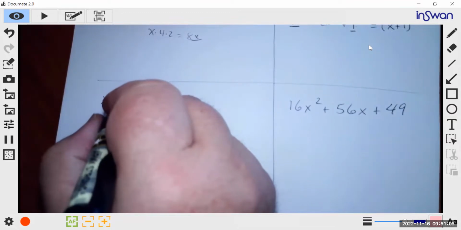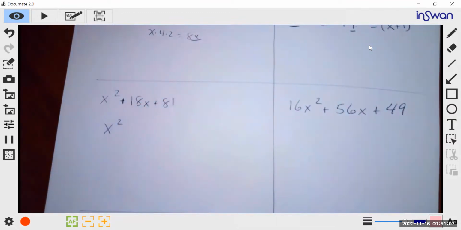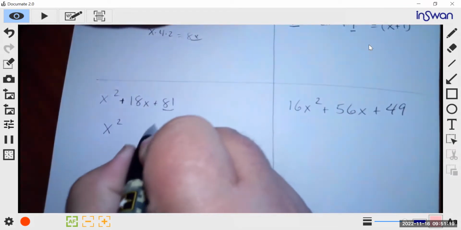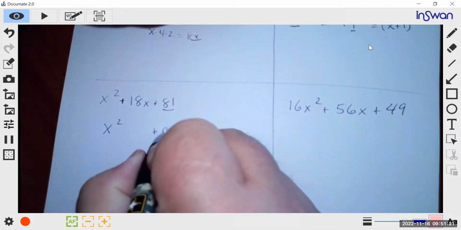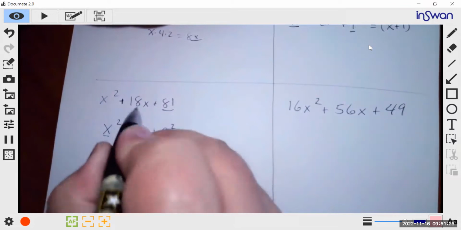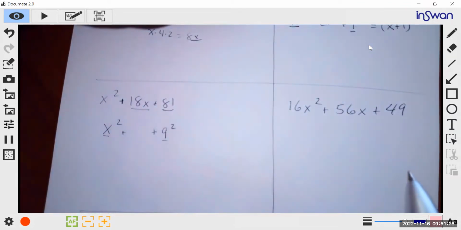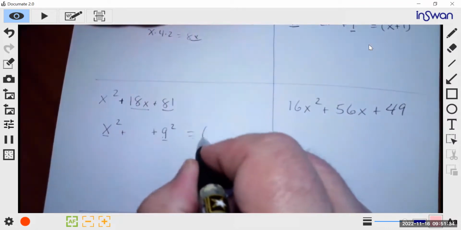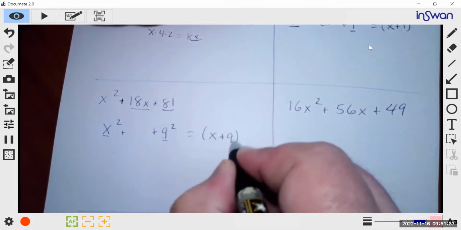Well, that's supposed to be a plus. Well, we can do it minus also. Right. Is the second term a perfect square? Yes. If I take 9 times x times 2, do I get the middle term? 9 times 2 is 18 times x is 18x. So I know it's x plus 9 squared.